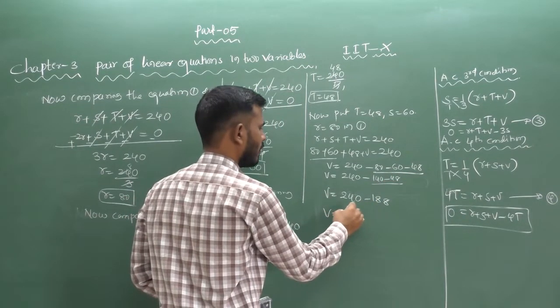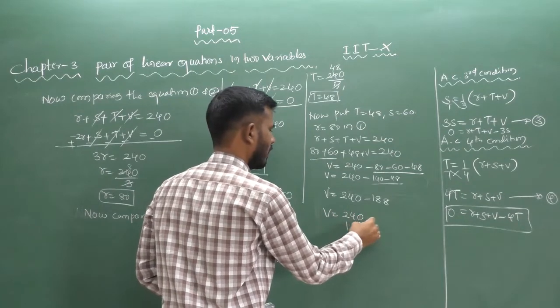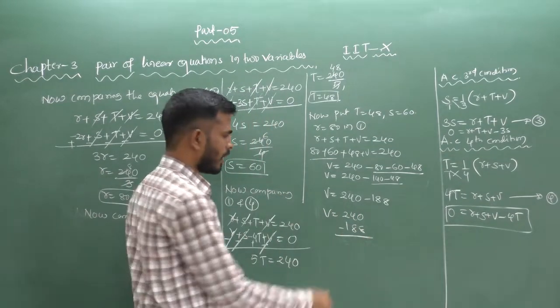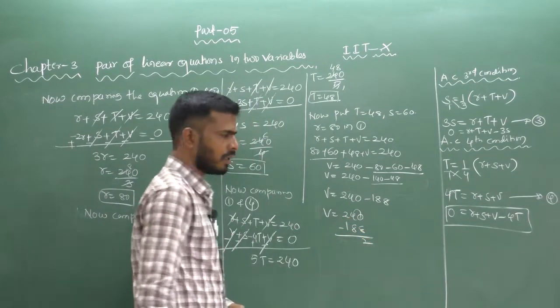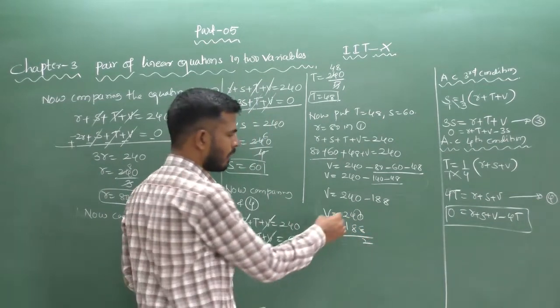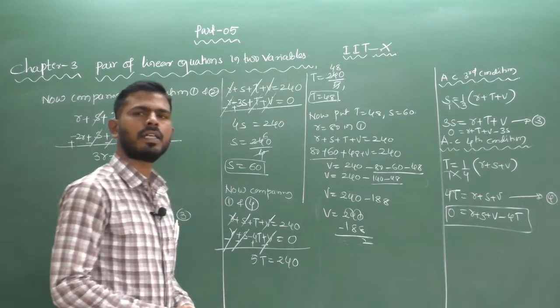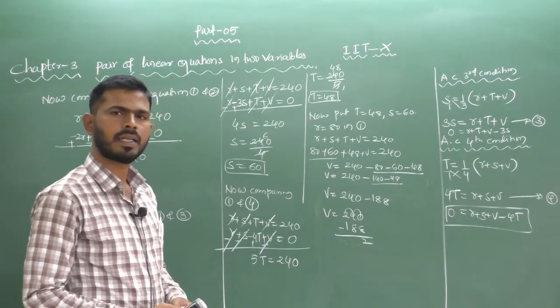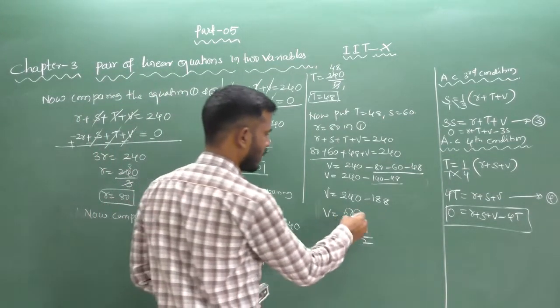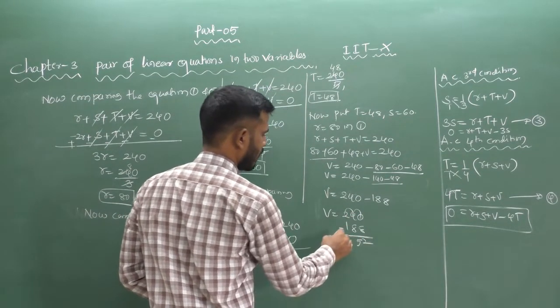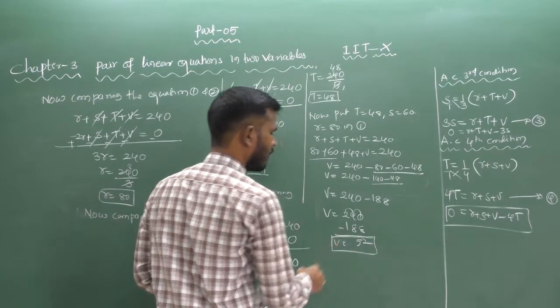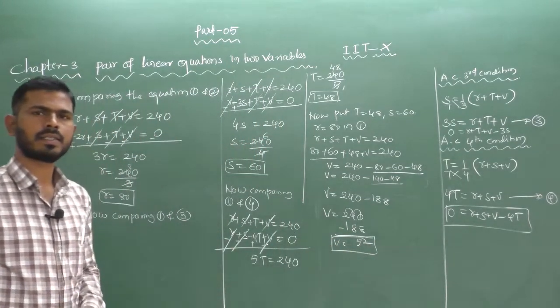Taking carry, 13 minus 8 is 5, and 2 minus 1 is... so v is 52. So Varun had 52 rupees.